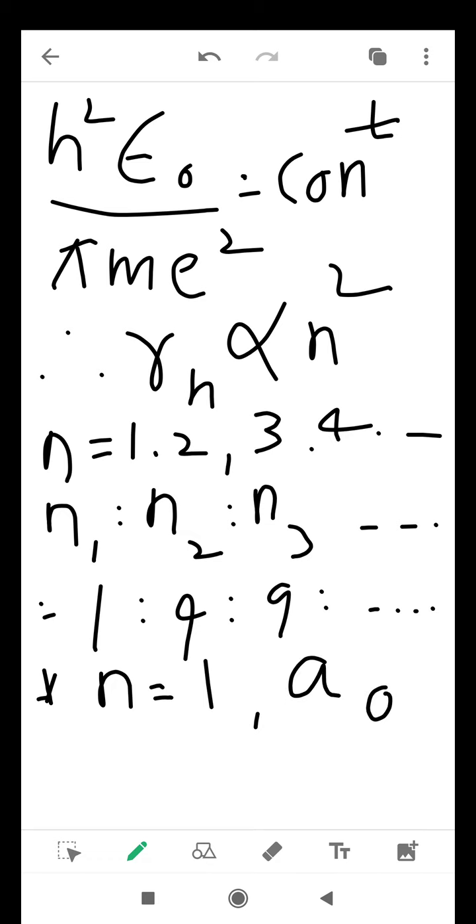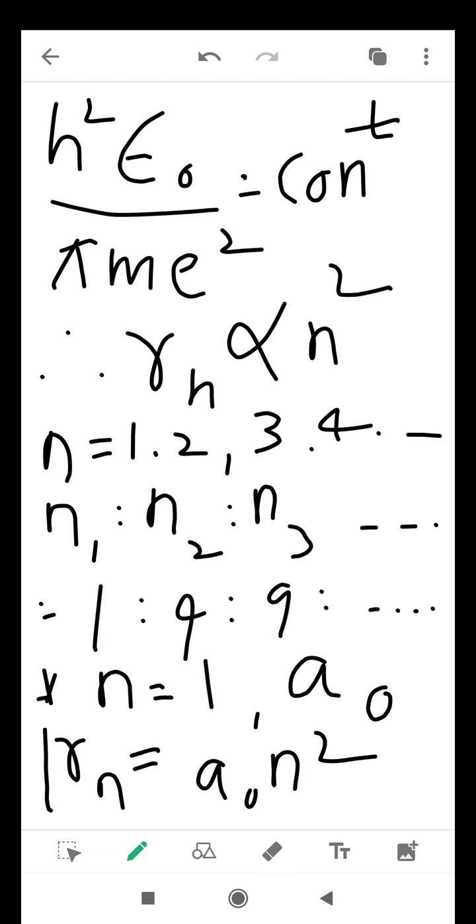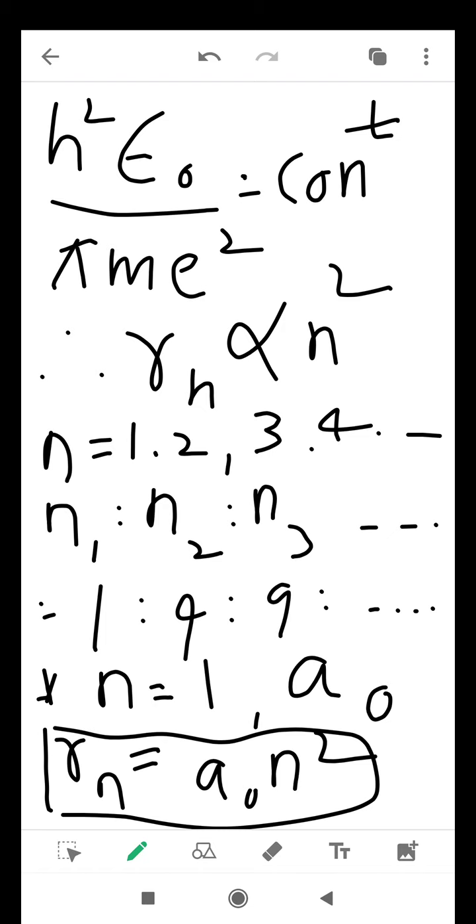When I substitute all the values of the constants, I get the general expression Rn is equal to A0 times n square. A0 is the Bohr's radius, the radius of the innermost orbit for n equal to 1 of an electron in hydrogen atom.